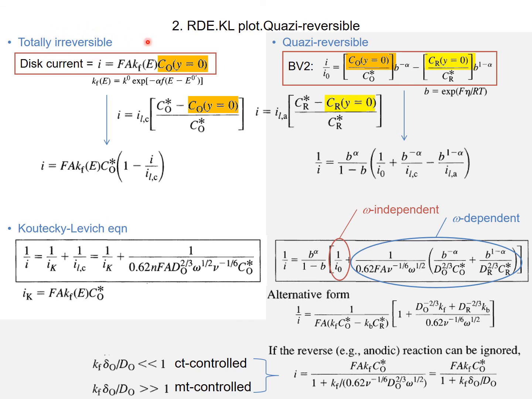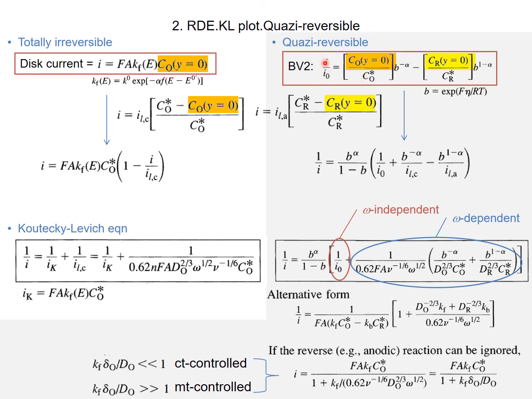Then let's go to the quasi-reversible case. For the totally irreversible case, we have considered the forward reaction. However, in the case of quasi-reversible reactions, we should be thinking about the backward reaction as well as the forward reaction. So here is the Butler-Volmer equation, version 2.